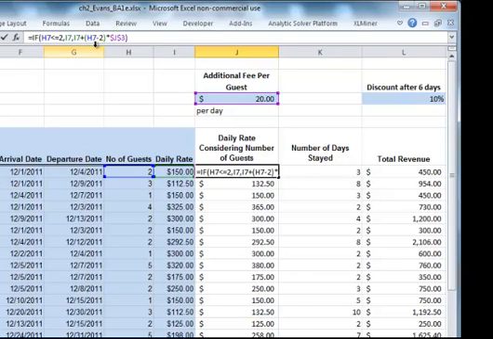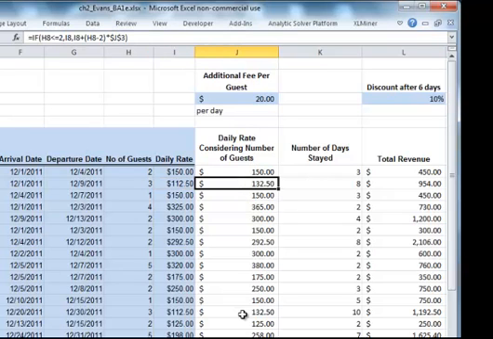If they stayed number of days minus 2, so the number of days in addition to 2 days stay, there was a $20 add-in per day fee. So notice if it's 3, it would be 3 minus 2, 1 times the 20, an extra $20 fee for staying the extra day. That's why this cell goes from 120 or 112 to 132.